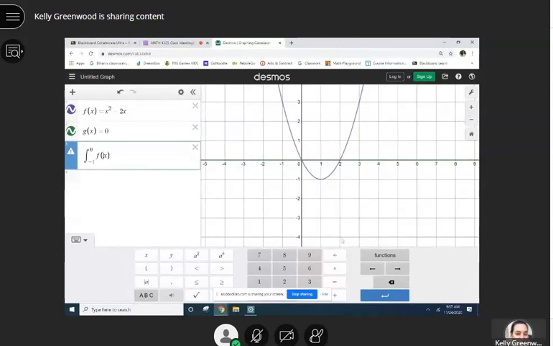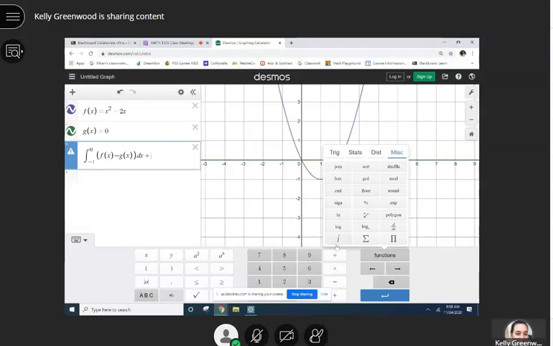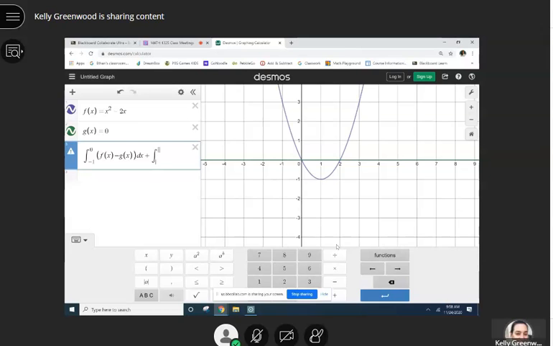Oh, I forgot my parenthesis. And g of x is on bottom, plus the integral from 0 to 1, where g of x was on the top minus f of x was on the bottom.